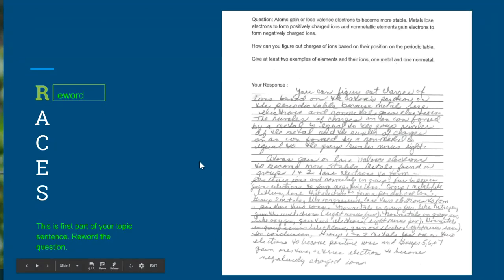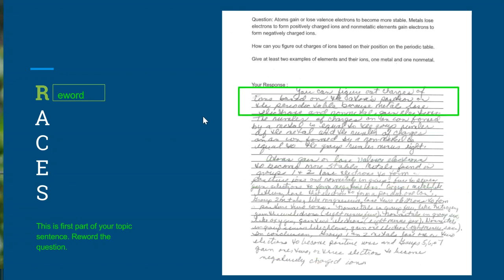So let's start with reword. Down here it says this is the first part of your topic sentence. Reword the question. The question is, how can you figure out charges of ions based on their position on the periodic table? So let's reword that. You can figure out charges of ions based on the atom's position on the periodic table.